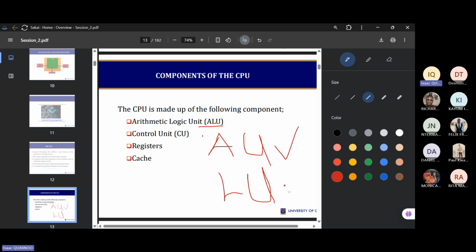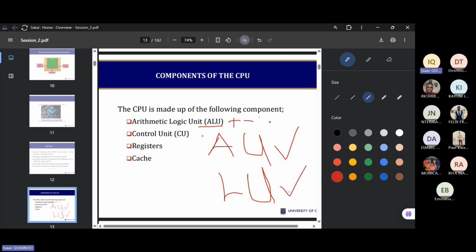The arithmetic unit is in charge of processing anything which has to do with addition, subtraction, multiplication, and division.